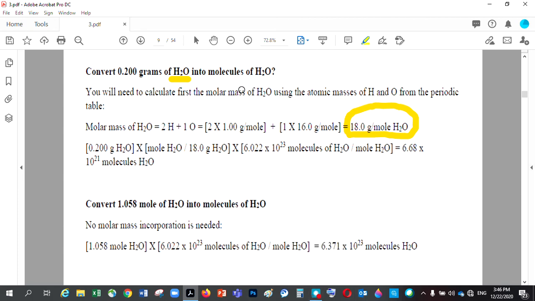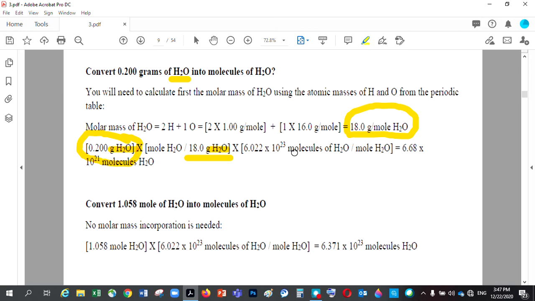Then I have the molar mass of H2O now. I take the number of grams of H2O, 0.200 grams, correct? I have to divide it by the molar mass, this is a molecule here, by the molar mass of H2O. So you will see by doing this, the grams of H2O cancel out.